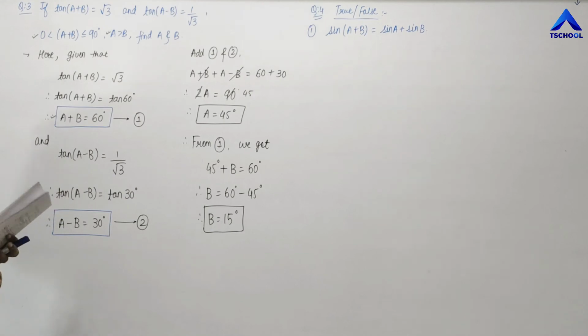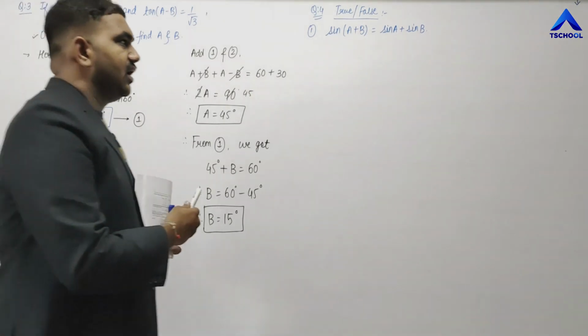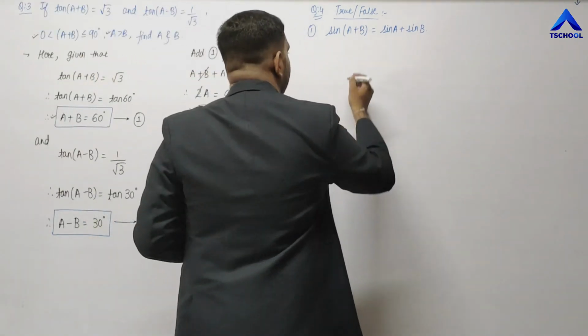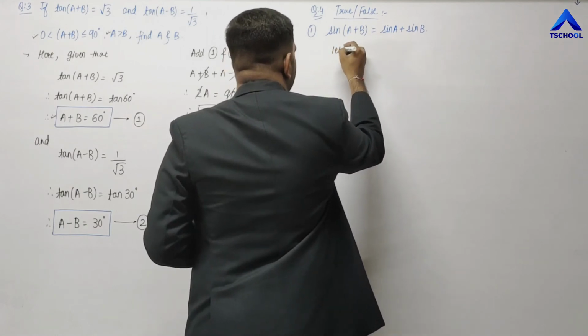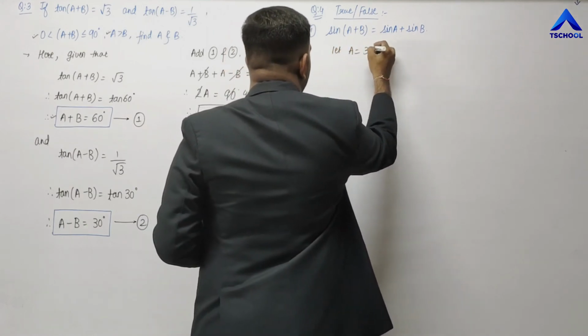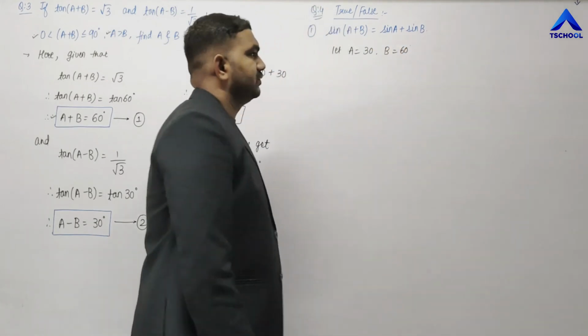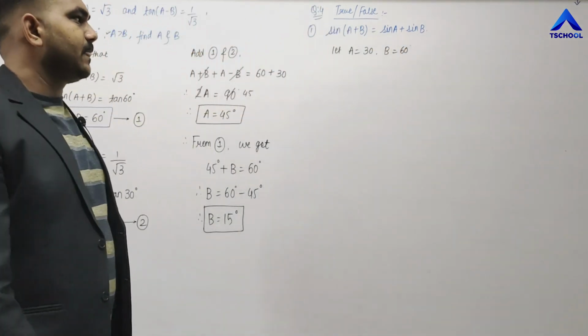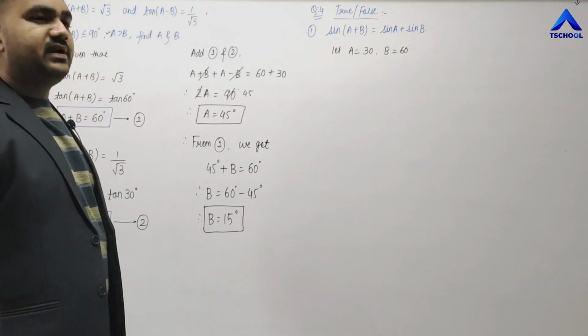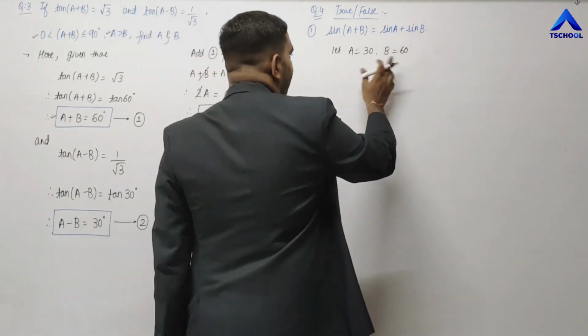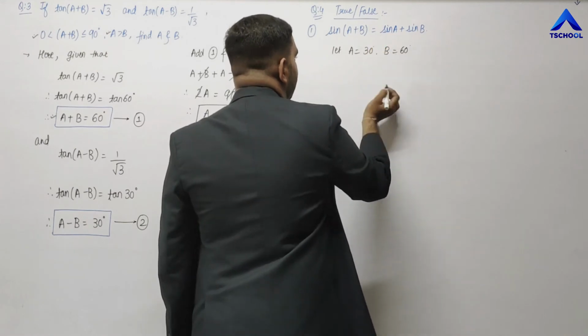So let us verify by taking some example. If I take A is equal to 30 and B is equal to 60, put it here.